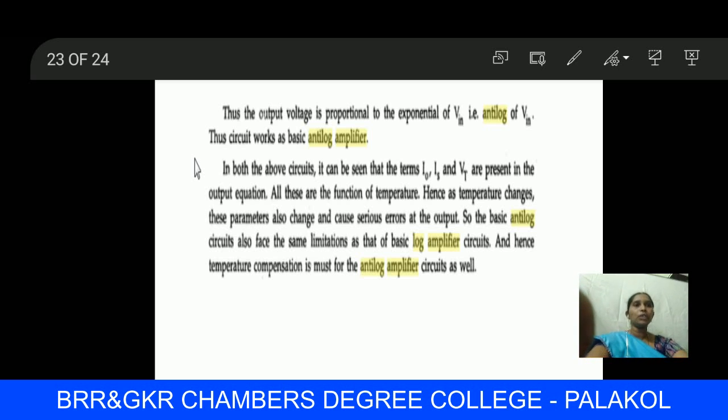All these are functions of temperature. So when the temperature changes, the parameters also change and cause errors at the output. The basic anti-log circuits also face some important limitations, and hence temperature compensation is a must for anti-log circuits as well.